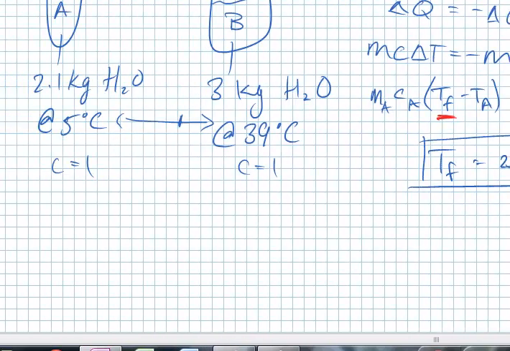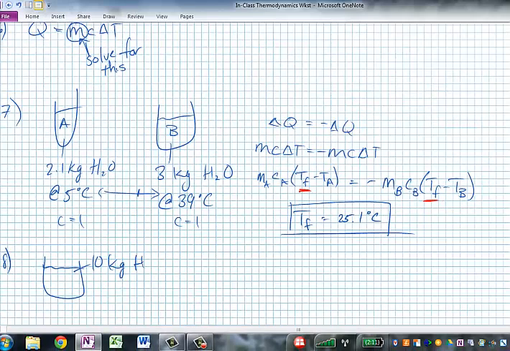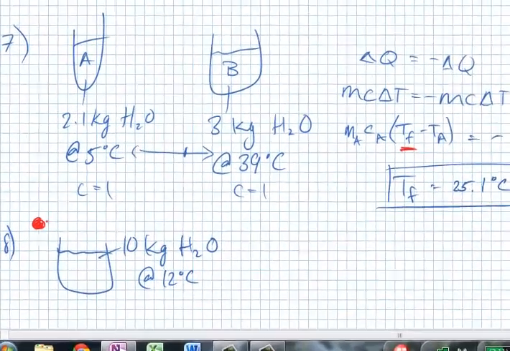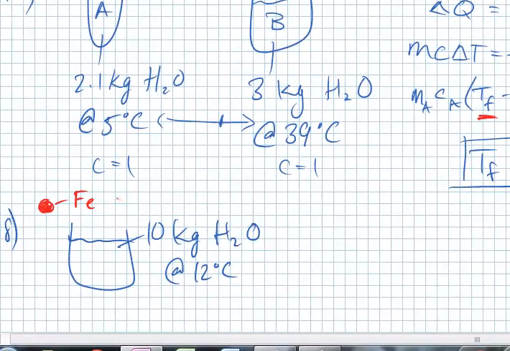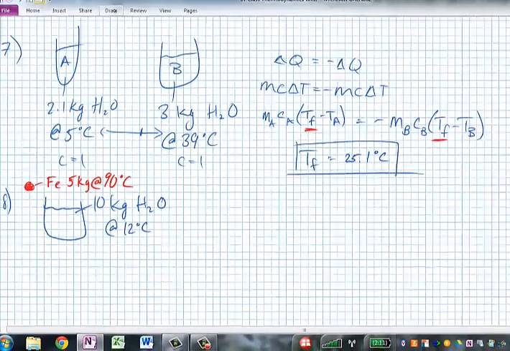Number 8 took it a short step further, and now we're combining some water, 10 kilograms H2O at 12 degrees Celsius, and we're going to take a piece of iron, red hot or something like that, 5 kilograms at 90 degrees Celsius. So the setup is really the same here.